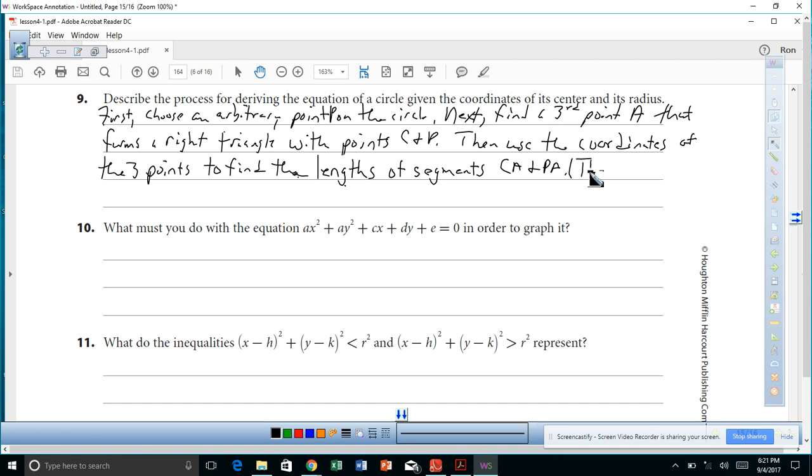And then note the length of the segment CP is the circle's radius.